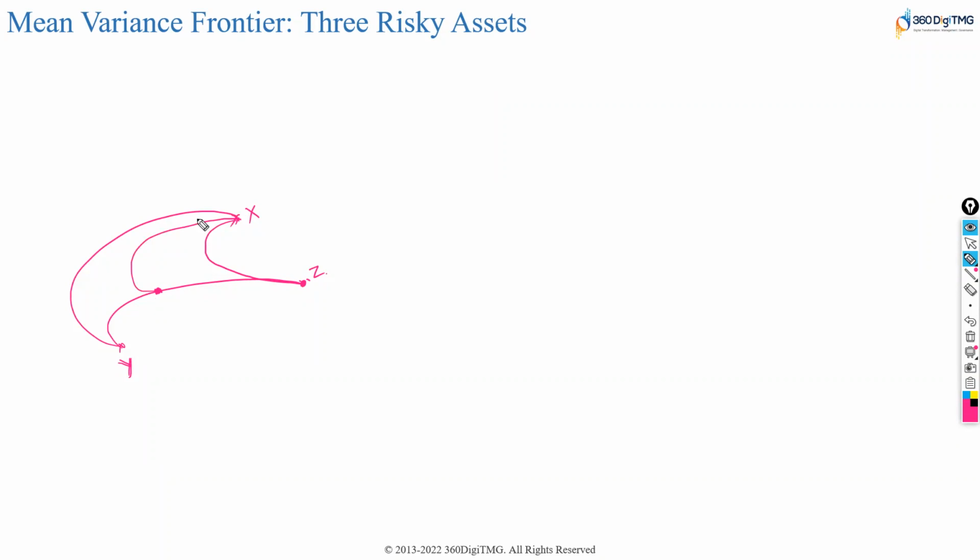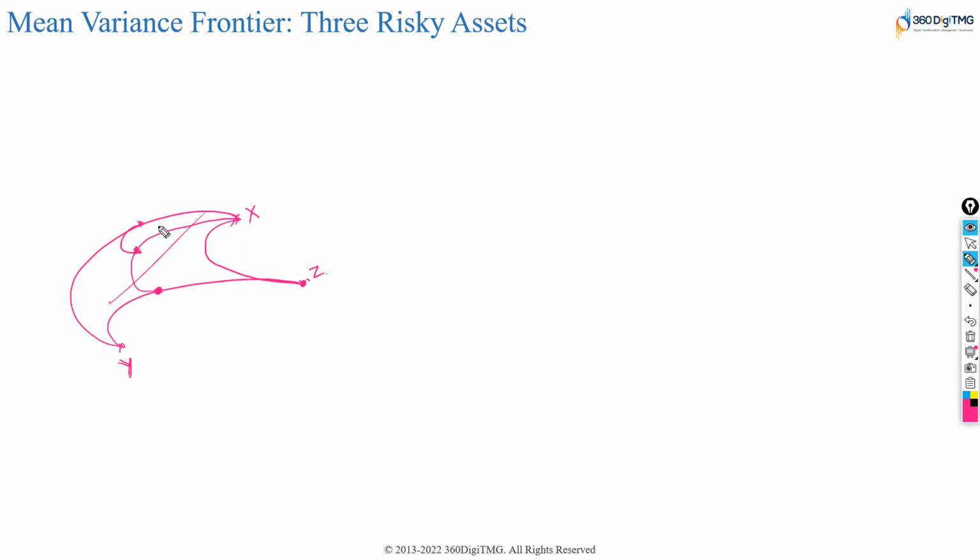Then this efficient frontier would contain portfolios of Y and Z, because it's on this line, Y and Z, and X. Then if you choose a portfolio here and here, then it will be a portfolio of X and Y and X, Y, and Z.